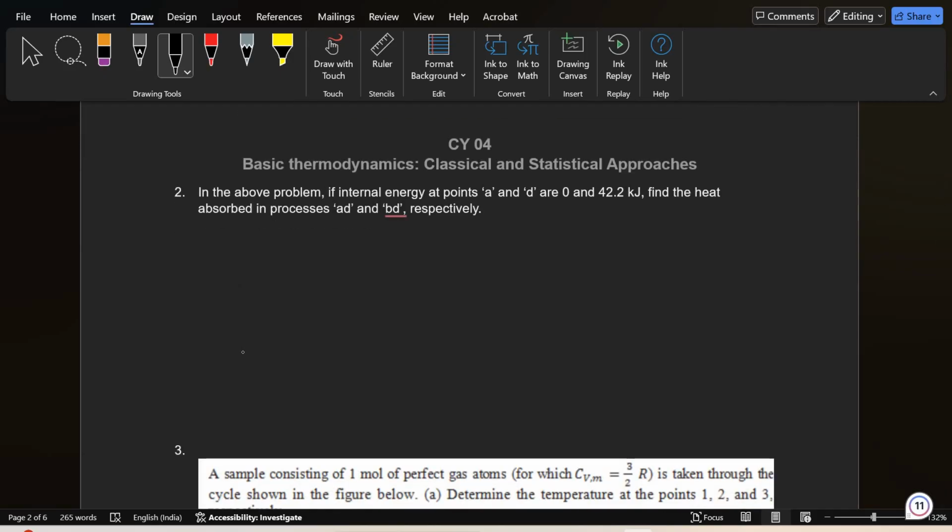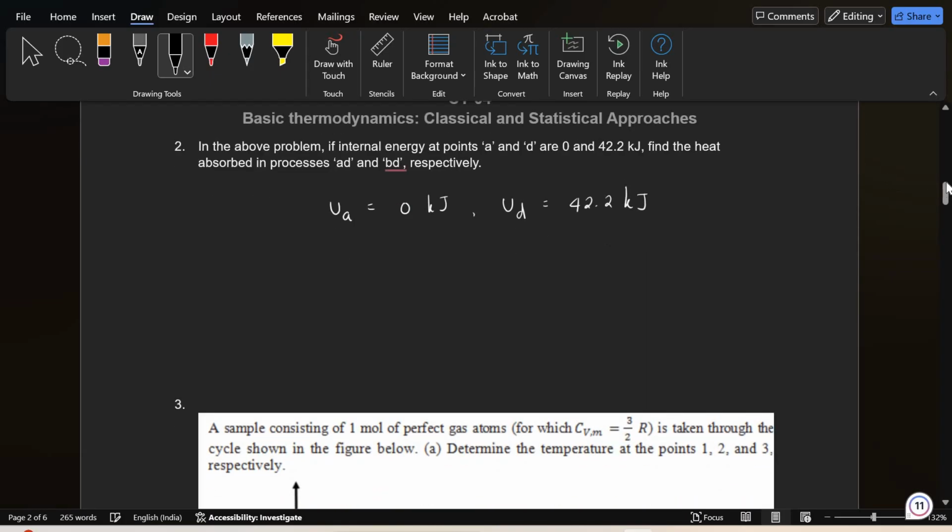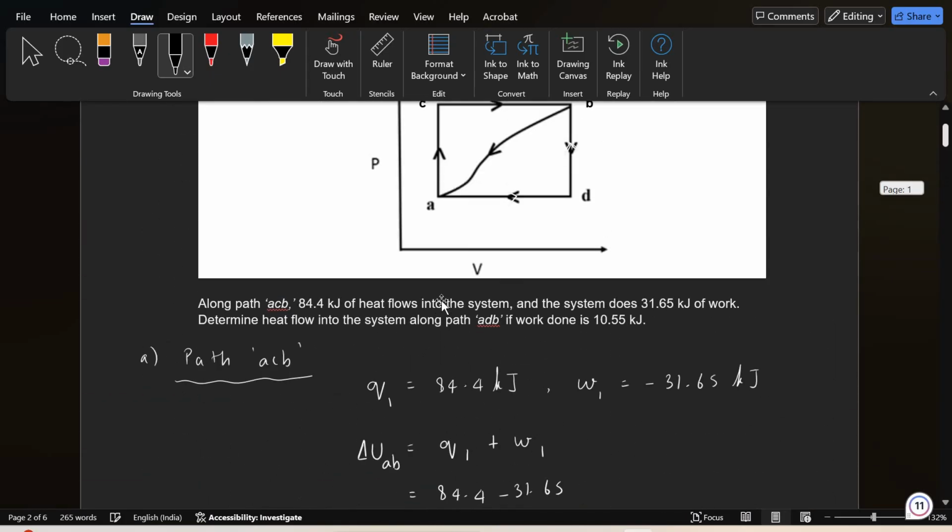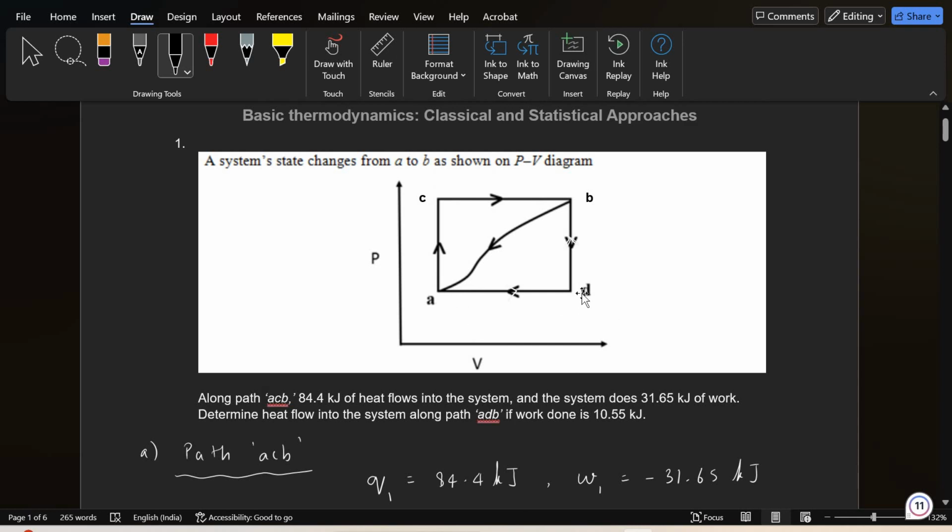Now, the second question is actually a continuation of this. As you can see here, what they're giving is internal energy at A, the first point, is 0. And then internal energy at the second point D along path ABD is 42.2 kilojoules. So they're saying internal energy is 0 at point A, at point D it's 42.2, and then at B. What they are asking us is what is the heat flow along paths AD and BD.